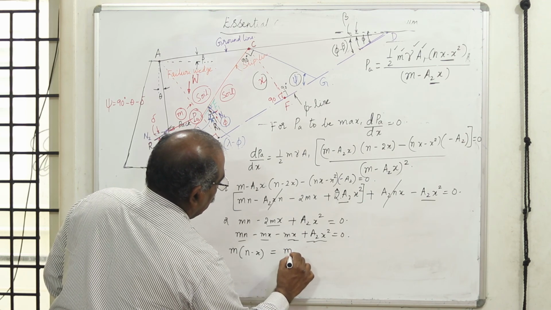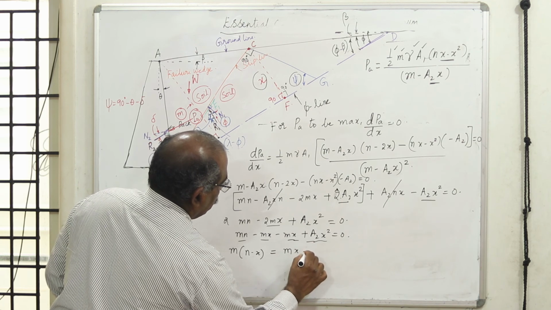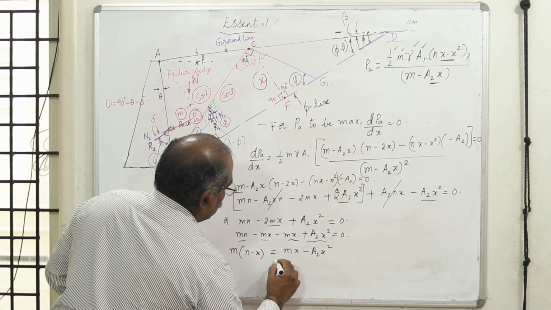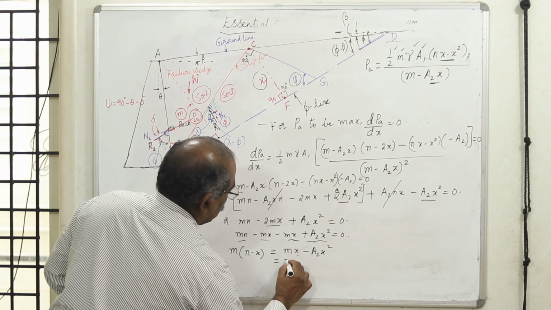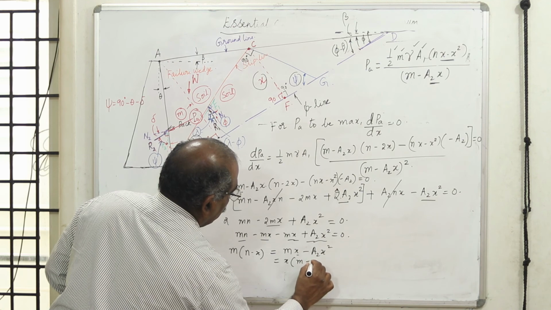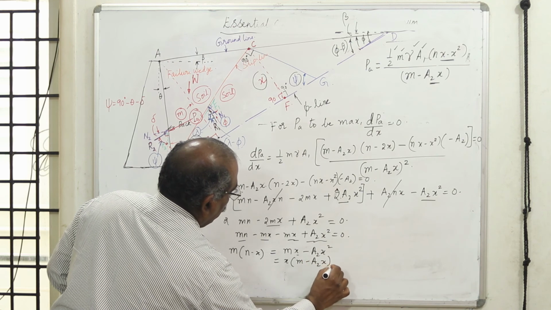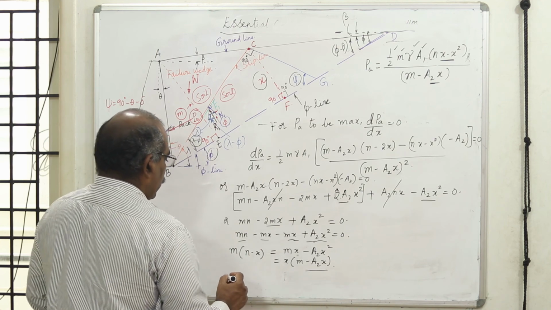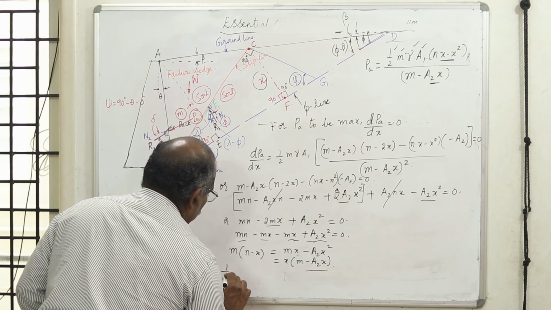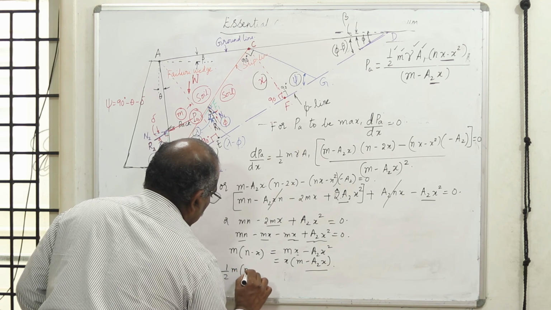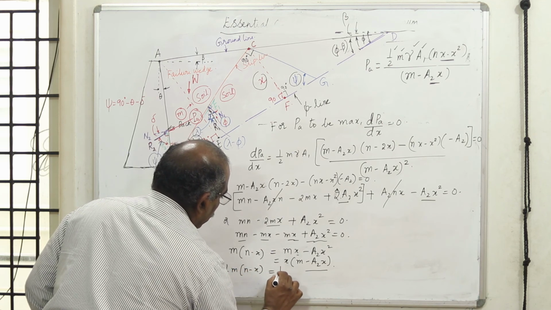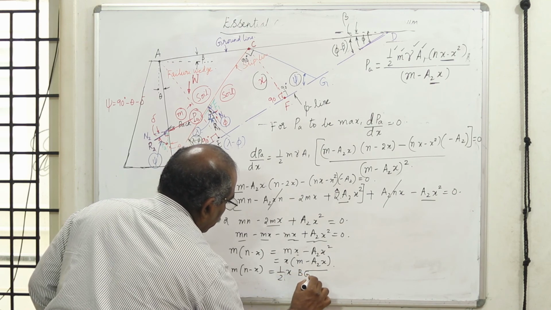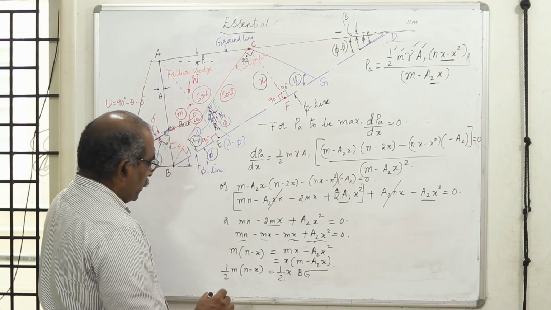This becomes mx minus A2x square. Now this term has got x as a common factor, therefore x into (m minus A2x). Now students, if you recollect, m minus A2x, what is this? BG. Therefore, let me divide both the left hand side and the right hand side by half, by 2. Therefore this becomes BG.